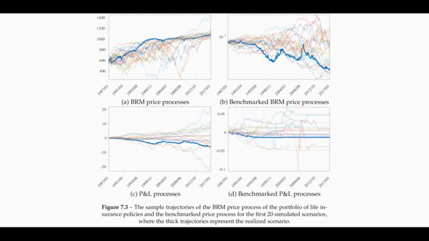As you can see clearly, the benchmark price process actually decreases over time. And the P&L process, which is a hedging error part, and eta part, after benchmarking becomes essentially a constant.